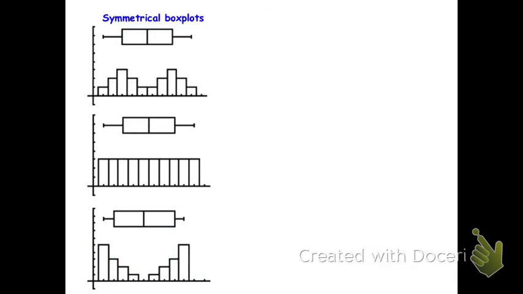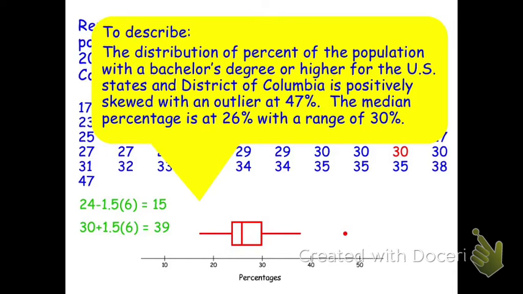So I'm going to go back to the box plot we had here. If I have 51 data points, 25% of them are going to be from the minimum to the Q1. So what's 51 divided by 4? A fourth of them.